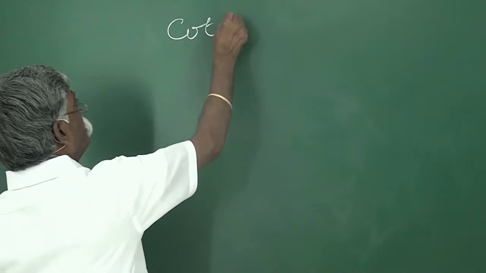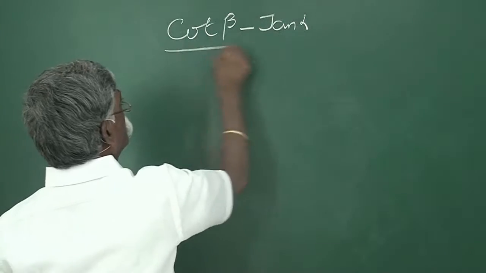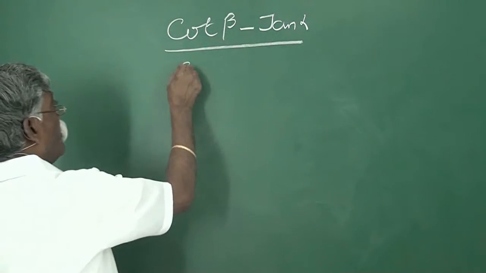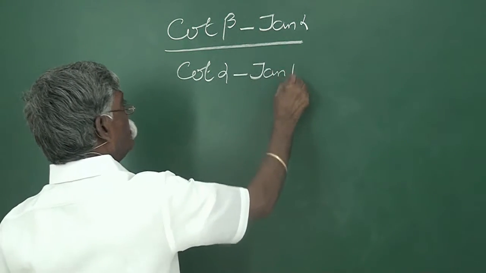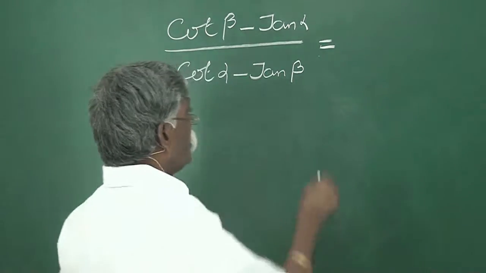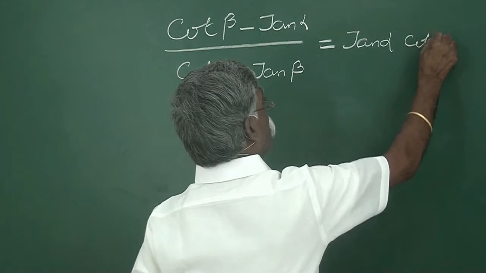Cot beta minus tan alpha by cot alpha minus tan beta is equal to tan alpha into cot beta.